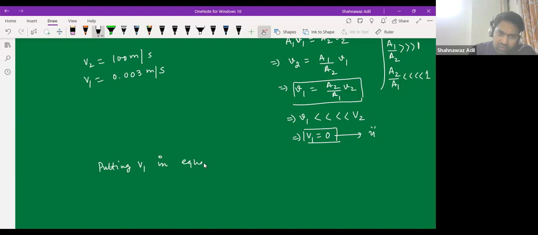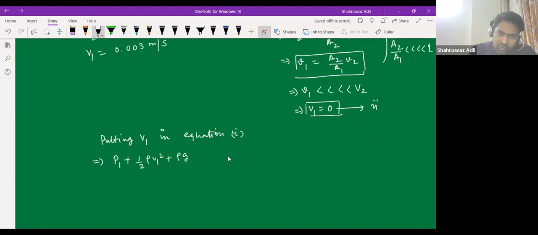What was equation 1? P1 plus half rho V1 square plus rho g h1 was equal to P2, which is PA plus half rho V2 square plus rho g h2.